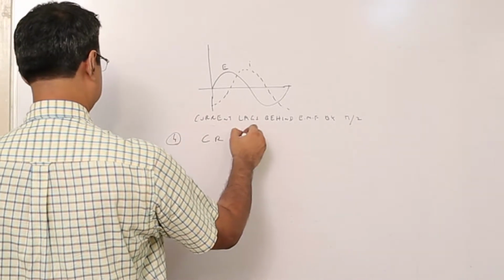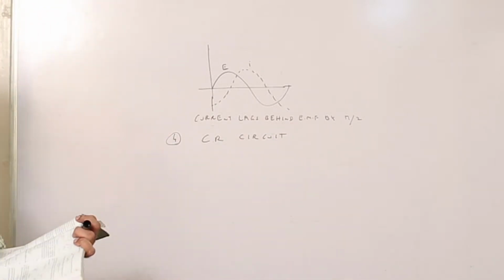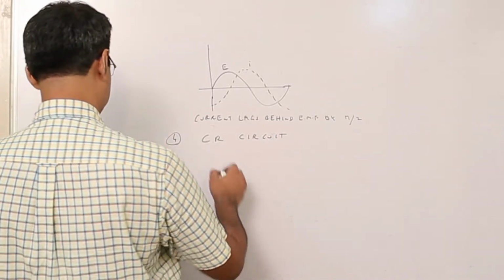combination circuits. For example, let us say you have a circuit with a capacitor and resistor, a CR circuit.